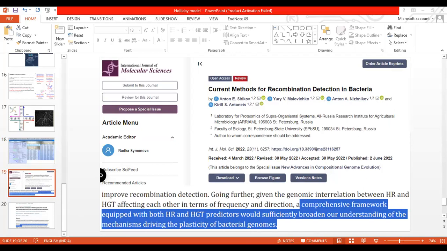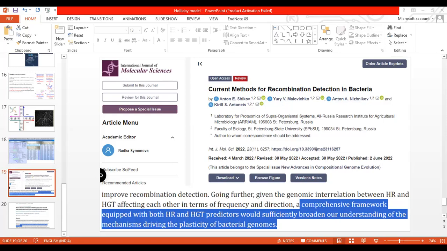For those still interested in working with this model, this paper clearly shows there is a lack of integration, meaning existing tools are specialized for either HR or HGT direction, and there is a need for a comprehensive framework that incorporates both predictors. This could provide a more holistic understanding of the interrelation between homologous recombination and horizontal gene transfer, that is HGT, and their impact on bacterial genome plasticity.